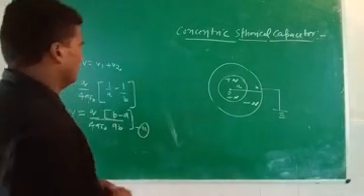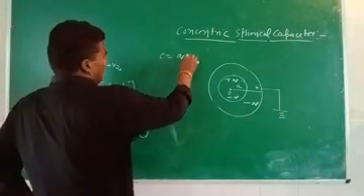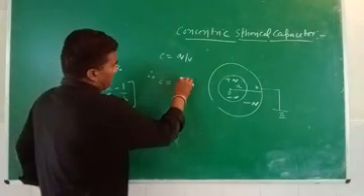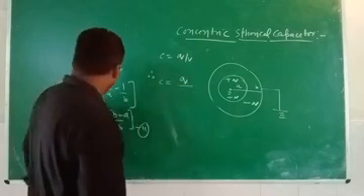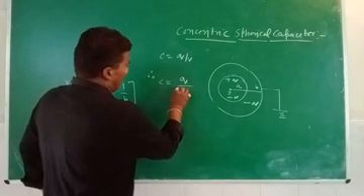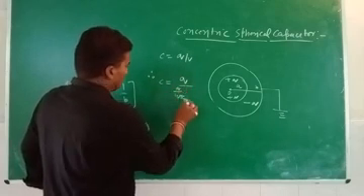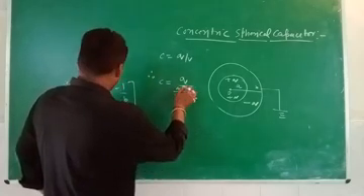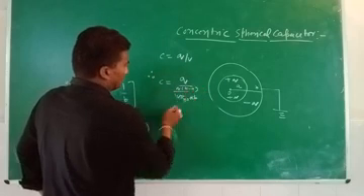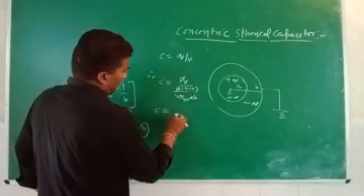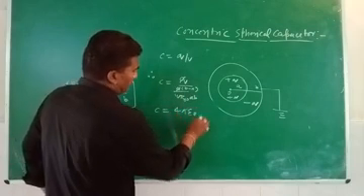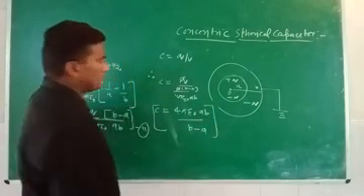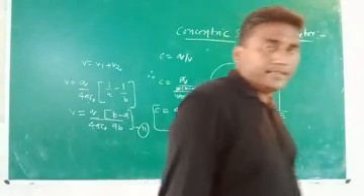We know that the relation is C is equal to Q by V. Therefore, we identify the value of capacitor C is equal to Q by V. We put the value V is equal to Q upon 4 pi epsilon naught AB upon B minus A. Now Q is cancelled, then the relation is stabilized: C is equal to 4 pi epsilon naught AB upon B minus A. That was the general mathematical term of the concentric spherical capacitor.